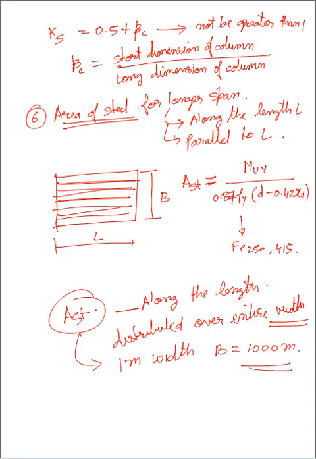So for a width of B meters, the total area of steel will be B into Ast.